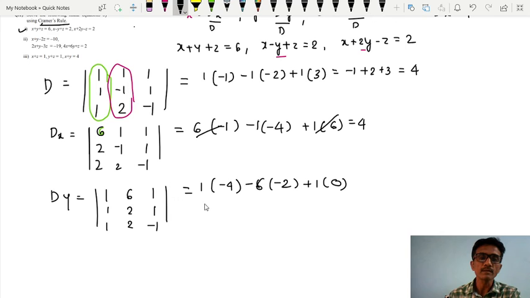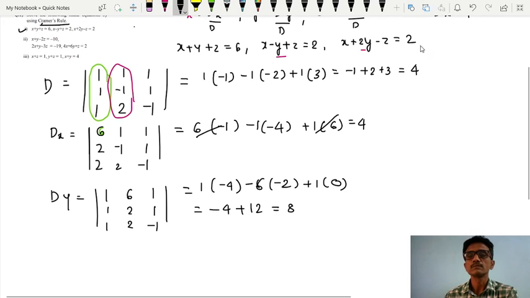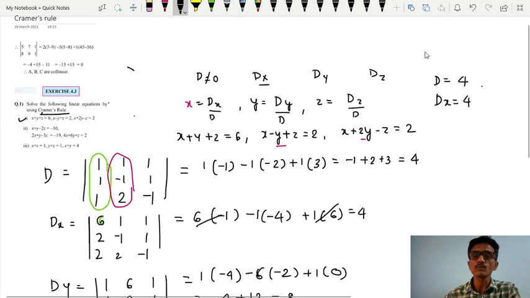So what you are getting? This will be minus 4 and this will be 12. Okay, so yes children, it is 8. So therefore you are getting Dy is equal to 8.